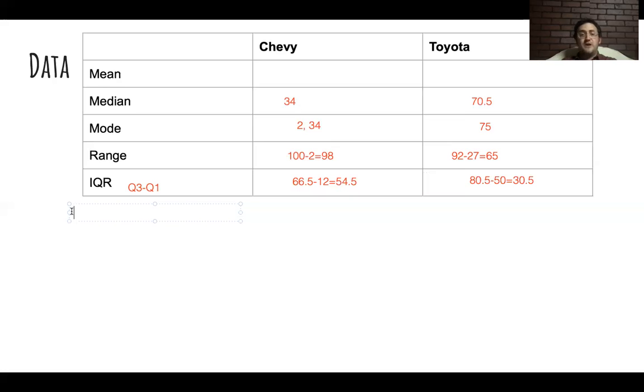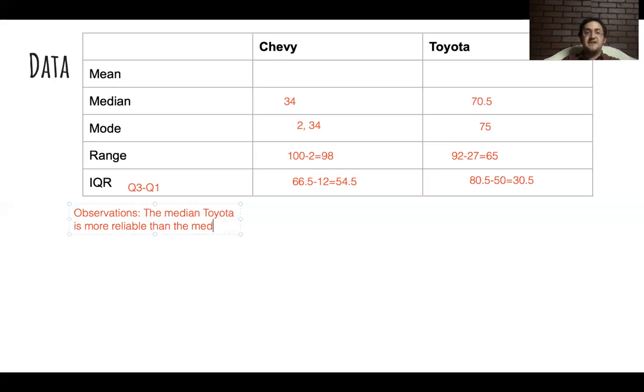So a few observations here. The median Toyota is more reliable than the median Chevy. Now, this does not mean that all Chevys are unreliable. There's that Chevy that has a reliability rating of 100. That's actually more reliable than any Toyota out there.